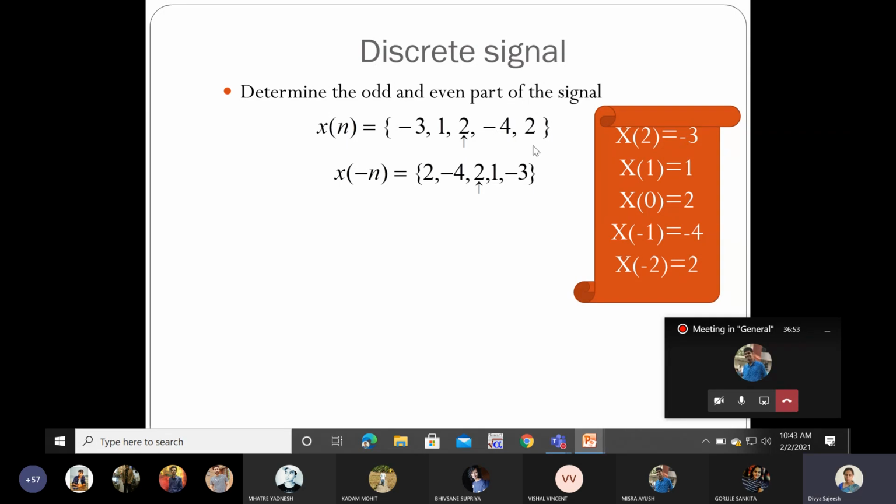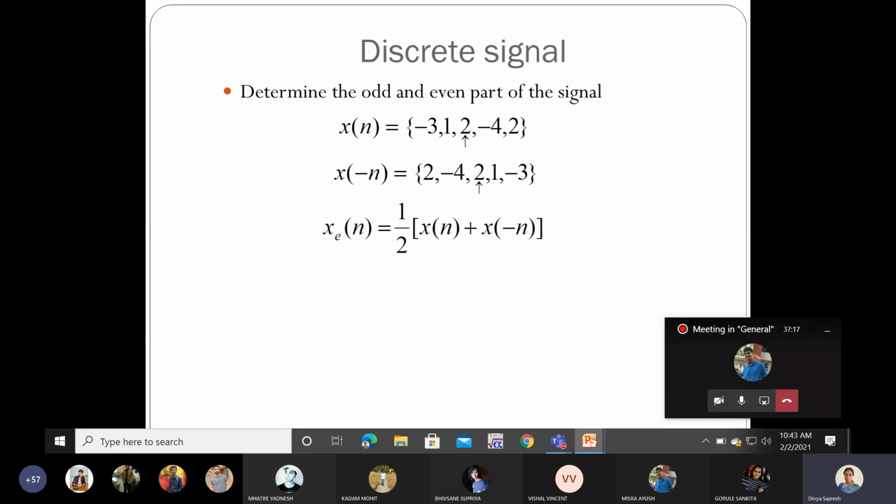Similarly, the signal which is at x of 2 will go to x of minus 2, and the one which is at x of minus 2 will go to x of 2. That is how I have written here. X of 0 is again as it is, only the other signals have flipped. So you got x of n and x of minus n.